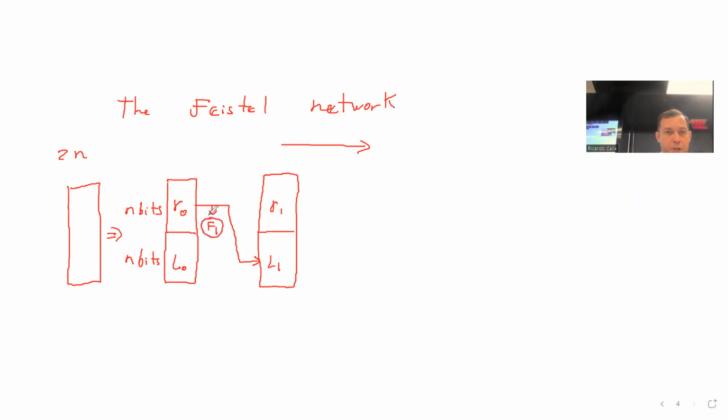And it's a function that takes block R0, right? It's going to modify it, and then that block comes out here. Then there's going to be an XOR operation, as you might imagine, with block L0. And then the result of this is what becomes R1. Got it? That's it. This is the Feistel network.